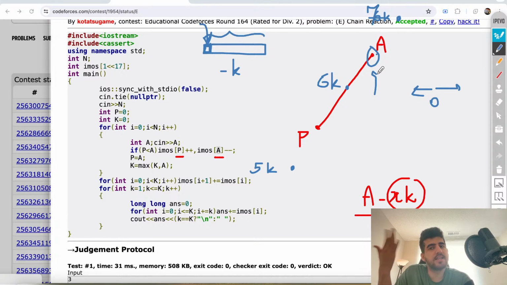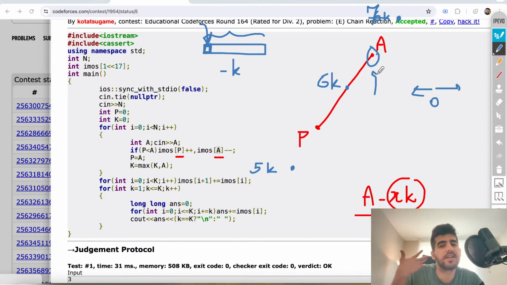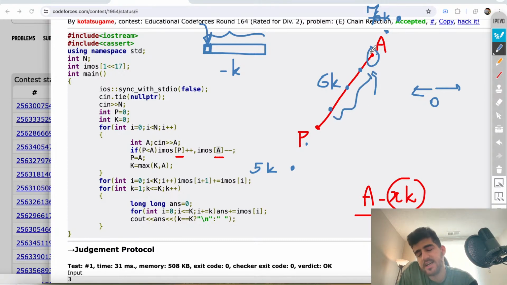So A will start another interval itself. Is it clear? As many multiples of k as are here, for example if there are 3 multiples of k, we should start 3 intervals from A.